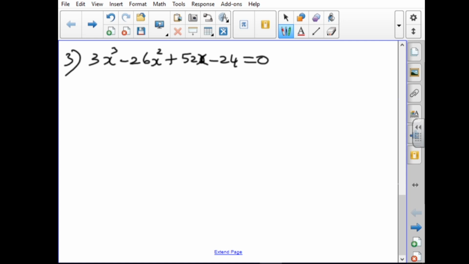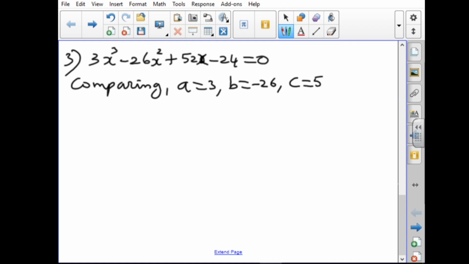First we will compare it. Comparing, we get a is equal to 3, b is equal to minus 26, c is equal to 52 and d is equal to minus 24. So this we have.